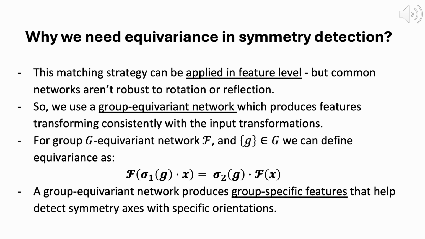Formally, for a group G-equivariant network F and a transformation g in G, we can define equivariance as F of sigma 1 of g applied to x equals sigma 2 of g applied to F of x. Also, the group-equivariant network generates group-specific features that vary with orientation, allowing us to detect symmetry axes corresponding to specific directions.